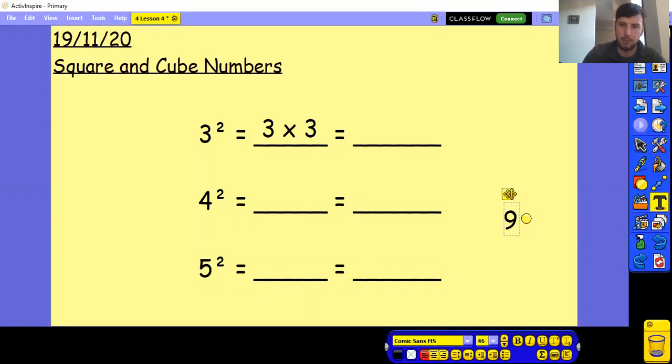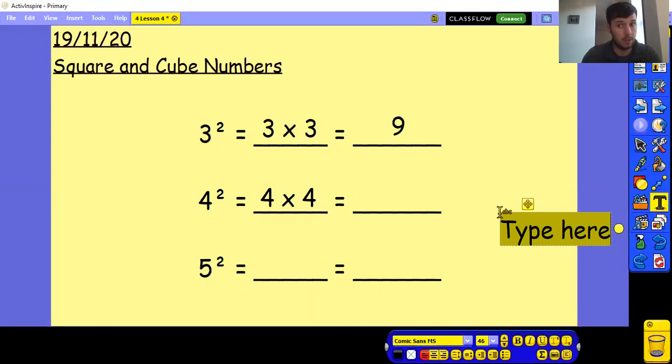And then if 3 squared is 3 times 3, 4 squared is going to be 4 times 4. Well done. We all know 4 times 4 equals 16.